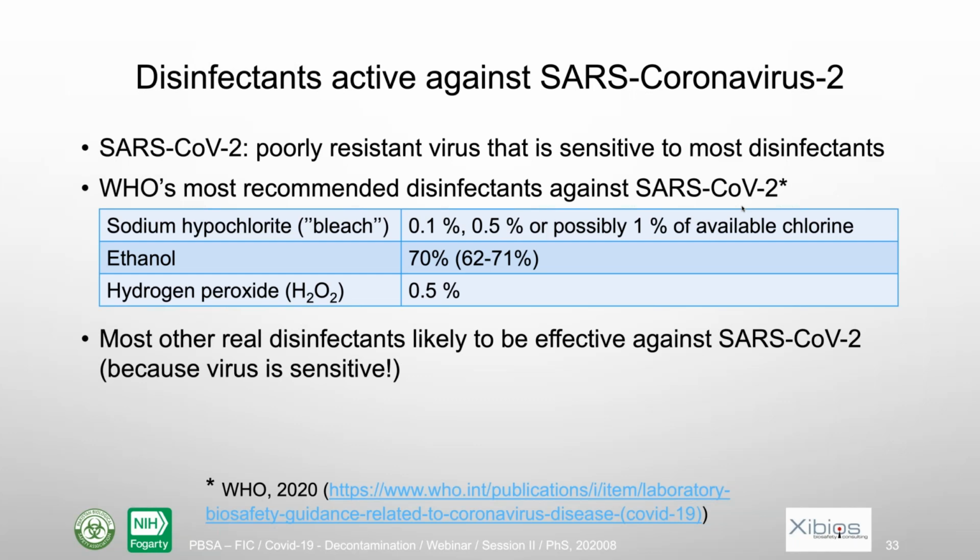And this is true for hospital settings and laboratories, but also in general use. Those 3 products are bleach at the concentration that I mentioned before, or in some recommendations you see sometimes a higher concentration, ethanol at 70% and hydrogen peroxide at 5.5%.